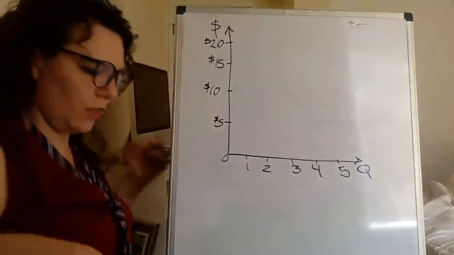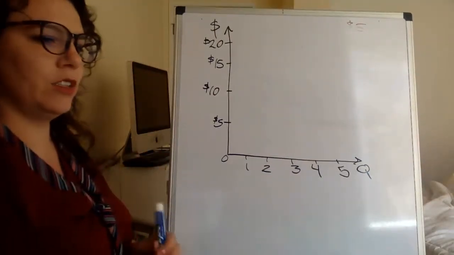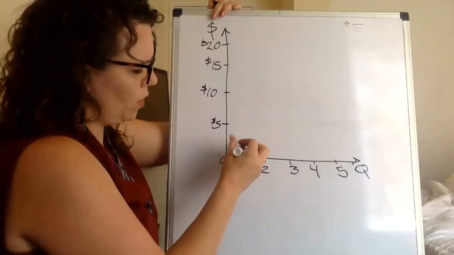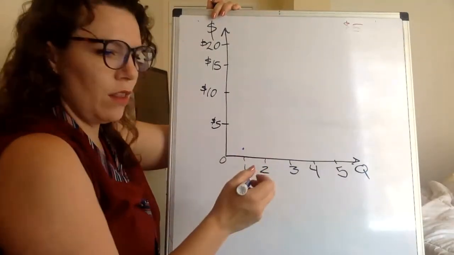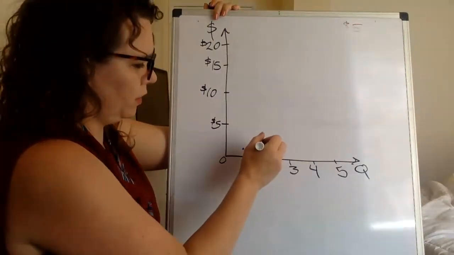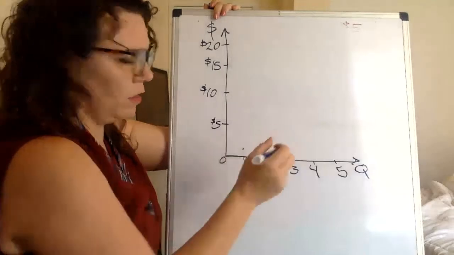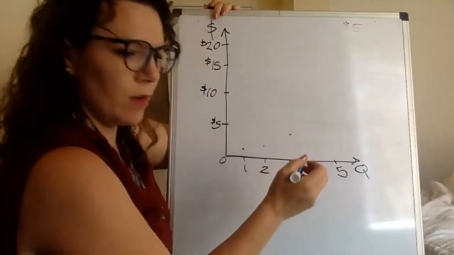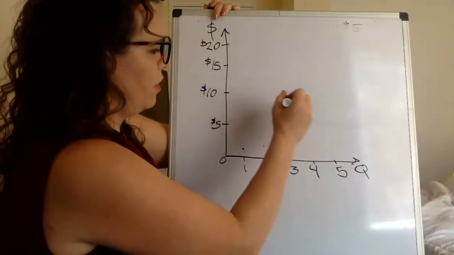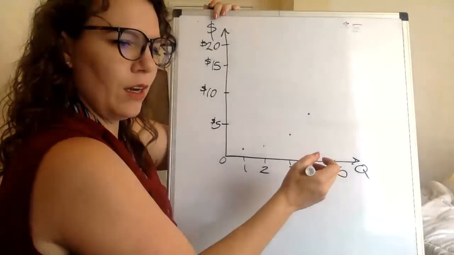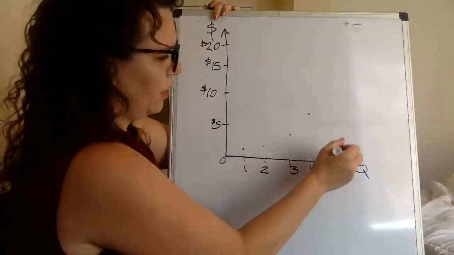So we can start out with our average variable cost curve, where the variable cost of 1 is $1. The average variable cost of the second unit is $3. The third unit, it's $5. The fourth unit, it's $7. And then the fifth unit, it's $9.